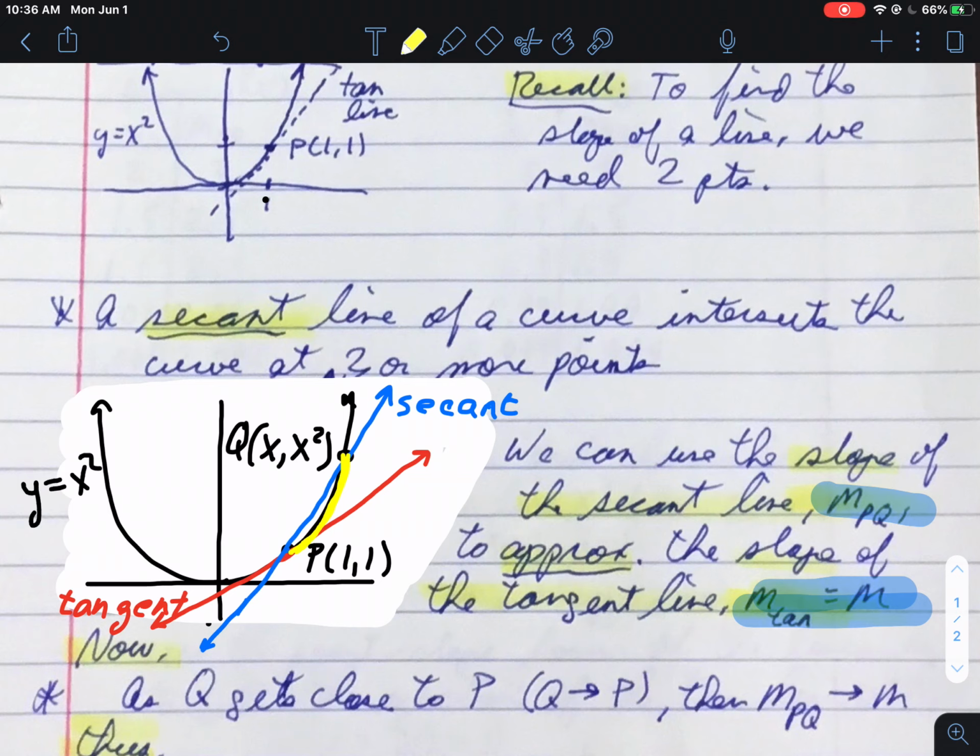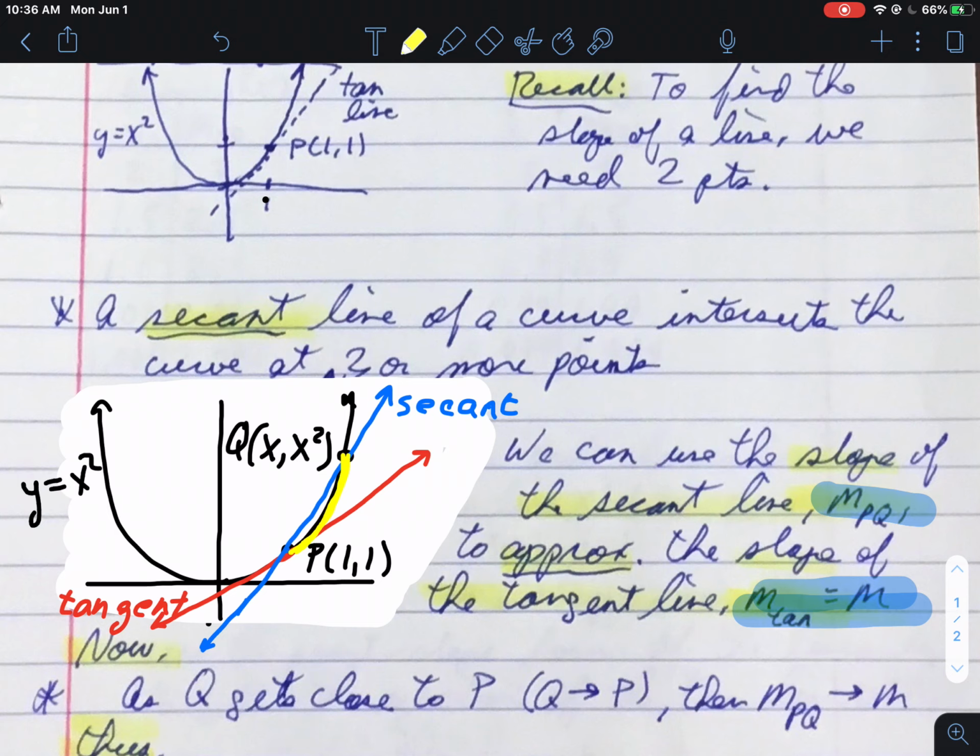So we can calculate the slope of the secant line using points for Q that are closer and closer to point P, which is at 1, 1. And then if you look at the slopes of those secant lines, and ask, okay, what are the slopes of those secant lines doing as Q gets closer to P?